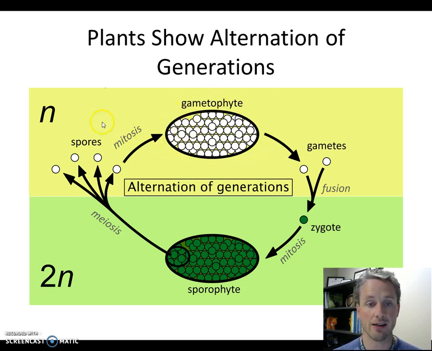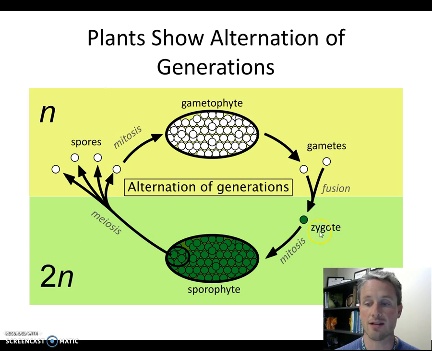Remember, the gametophyte is still haploid, or 1N, and the gametophyte's job is to produce gametes. So here, coming out of the gametophyte, we've got gametes. Two gametes will fuse during fertilization to produce a zygote. We take two haploid cells and combine them together into a zygote.